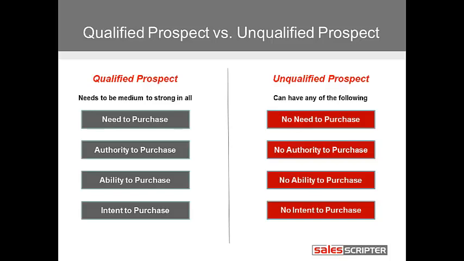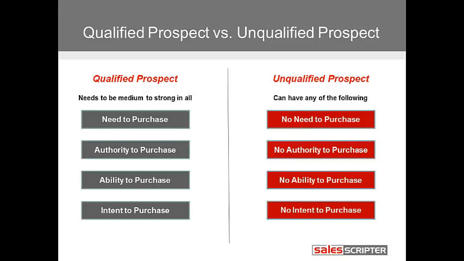So let's look at an unqualified prospect, and as we mentioned, they can basically have just one of these. These four categories are basically the opposite of what we just went through. They don't really need to purchase what you sell. They don't really have any authority. They're maybe at a manager level, and they can't really sign off on anything. They don't have the ability to purchase, meaning either they don't have money, so the budget's wiped out and there's no getting additional funds in any creative way, or they're tied up in a contract.